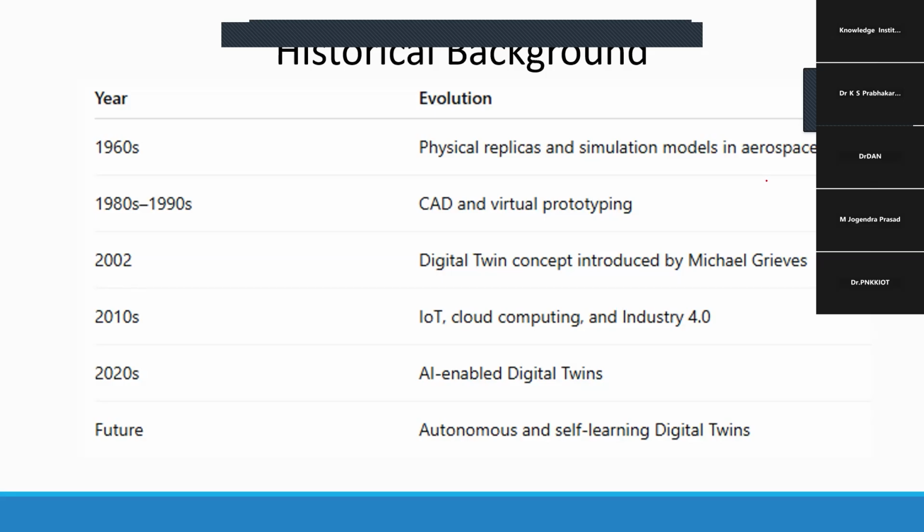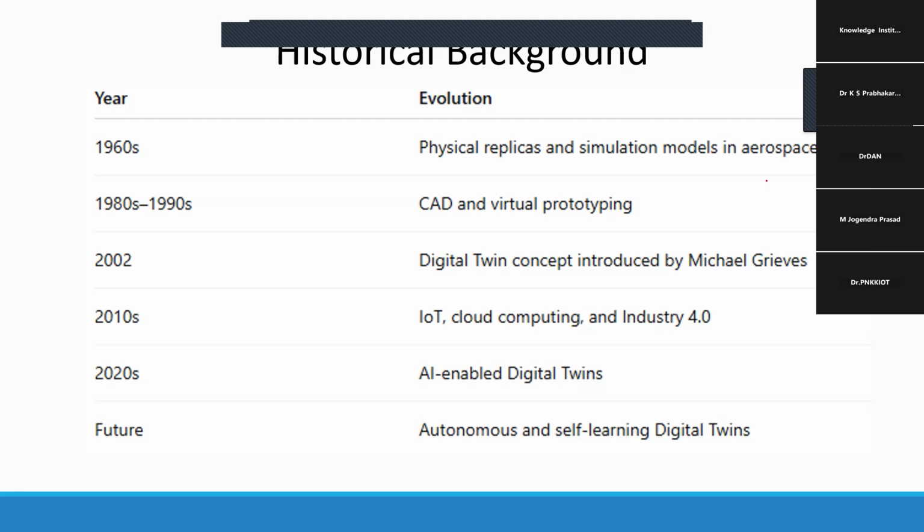Nowadays digital twins are used in many industries. Manufacturing companies use them to monitor machining operations and predict failures. Aerospace uses them to track engine health. Energy companies use them to optimize wind turbines and power plants.